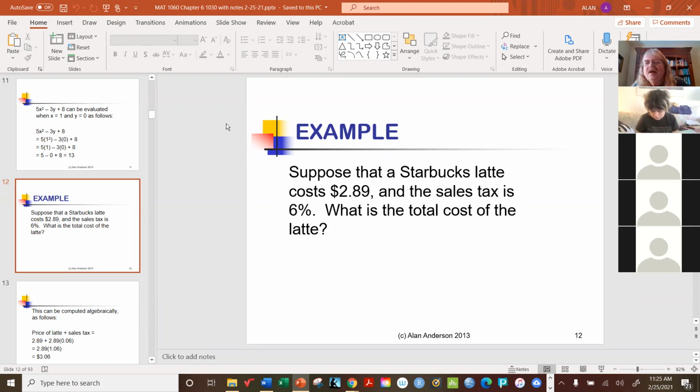So they have to do it all by hand. So the person behind the cash register has a pen and a piece of paper. And they say, all right, you're getting a latte for $2.89. Sales tax is 6%. How much should I charge you? What approach would they take? Anyone have any ideas? There's a couple of ways we could do this.